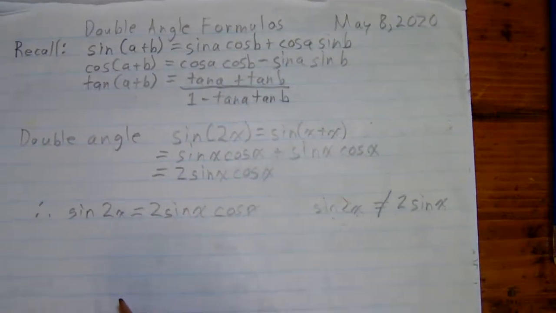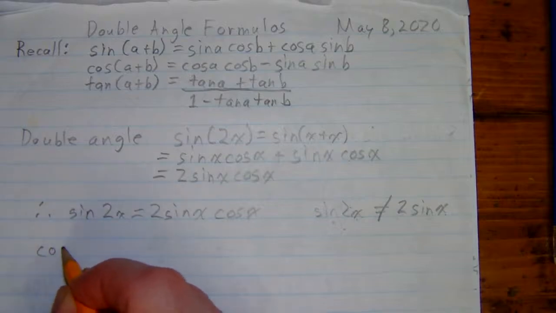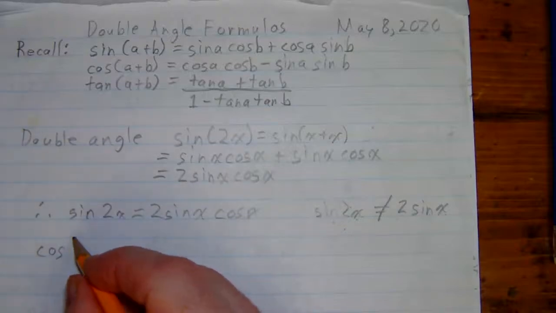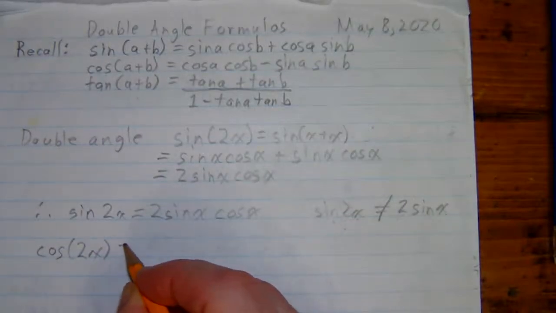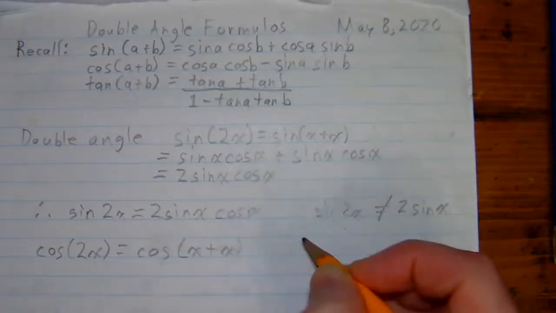All right, questions so far, just type them into the chat. But that is our first double angle formula. We're going to get the double angle formulas for cosine and for tan in much the same way. If we want cosine of 2x, well, that's cosine of (x + x).